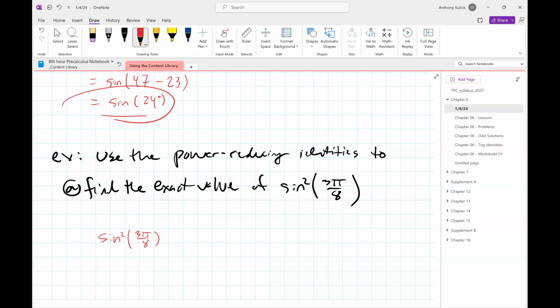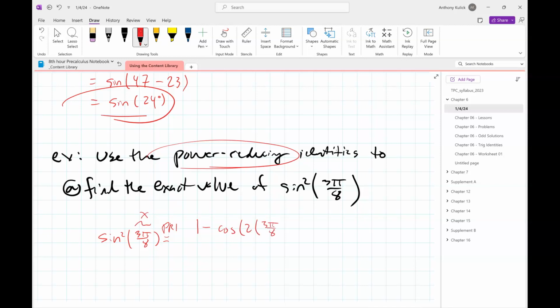So here it says we're going to be using the power reducing identities. So I'm going to flip my page over to the back and look at the power reducing identities. Which one of them is the one that I would need for this problem? The first one, PR1. So I can write that as 1 minus cosine. And now all that stuff is like my x, right?